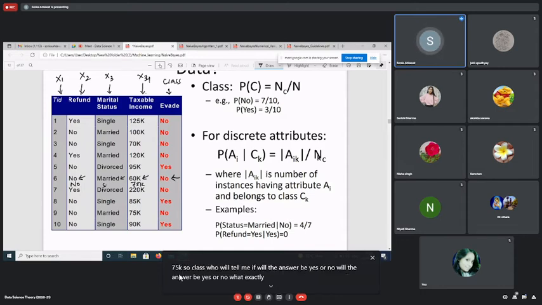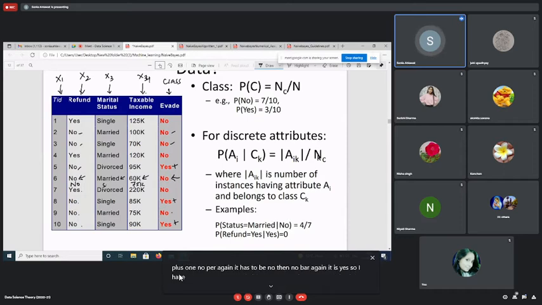What exactly will we do? First of all, we'll identify for the no cases what they are. जब no था refund, तो class was no. Again, no refund, class was no. No refund, class is yes. There is one. No refund, again yes. Again plus one. No refund again no. Then no refund again yes.